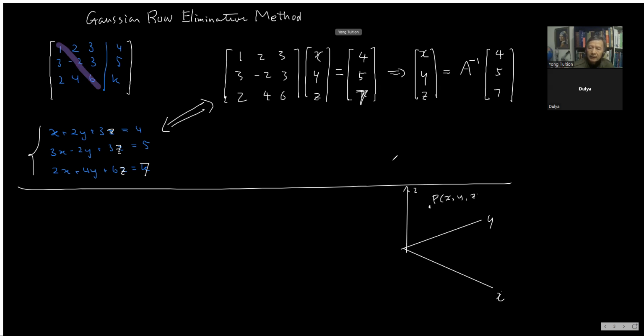And we can use a vector to display that. So that's one vector, represented by this single column matrix.